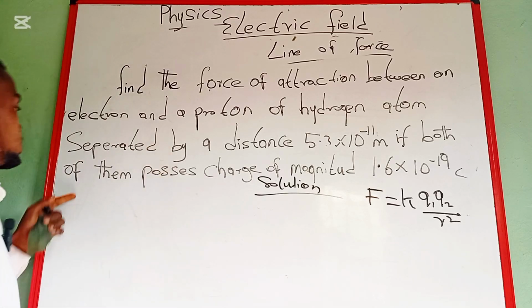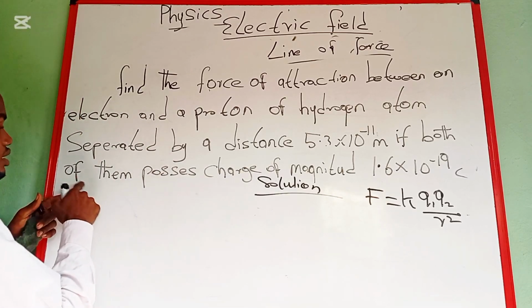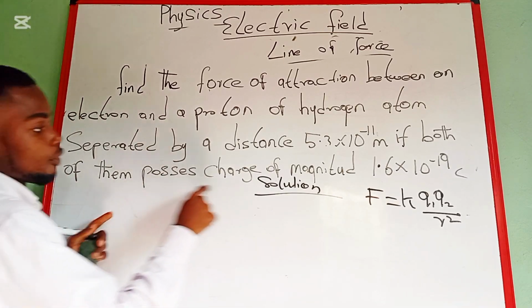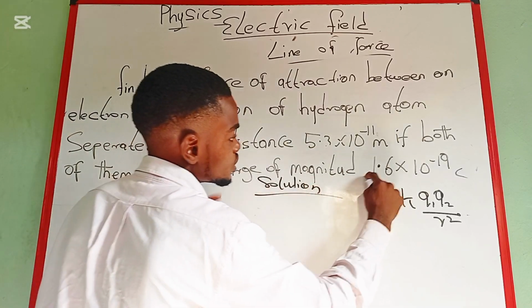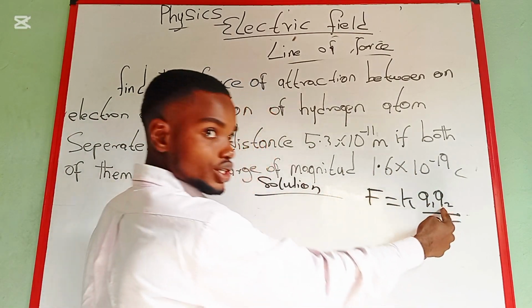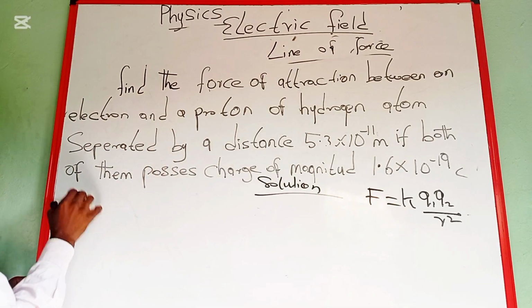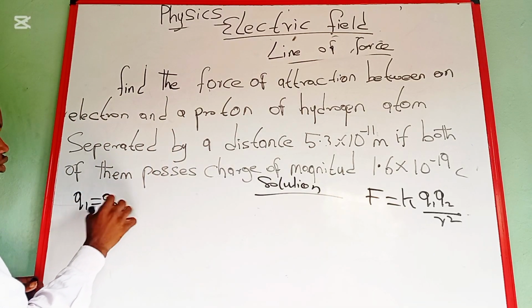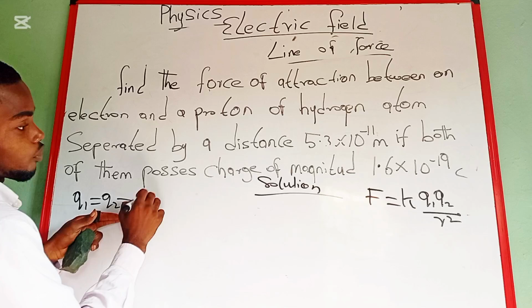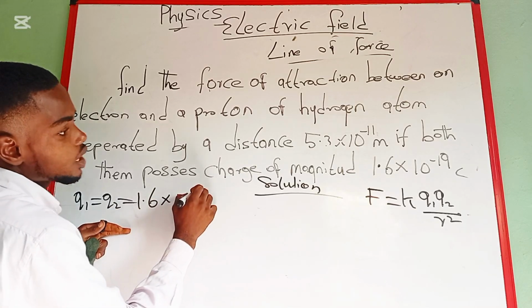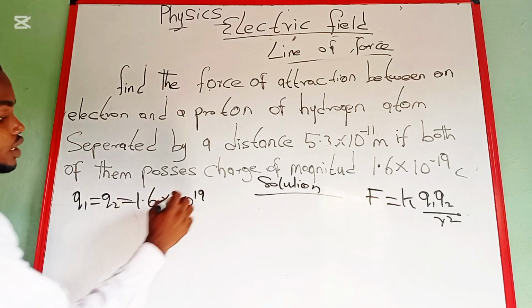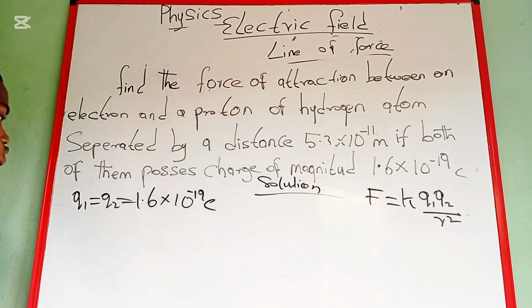From the question, both of them possess a charge of the same magnitude, so the charges Q1 and Q2 are the same value. So we can say that Q1 is equal to Q2, which is 1.6 times 10 raised to the power negative 19 Coulomb.